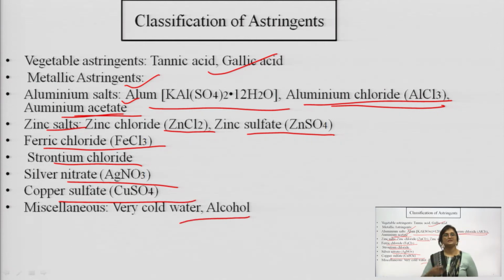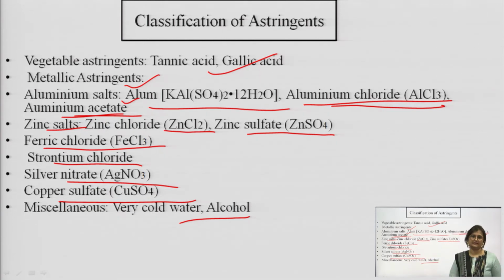These are various other categories of astringents. Astringents can be classified into three major categories: vegetable astringents, metallic astringents and miscellaneous. Under vegetable astringents, we have tannic acid and gallic acid. Under metallic astringents, we have aluminium salts, zinc salts, ferric chloride, strontium chloride, silver nitrate and copper sulphate.